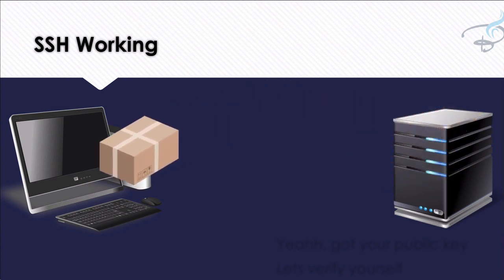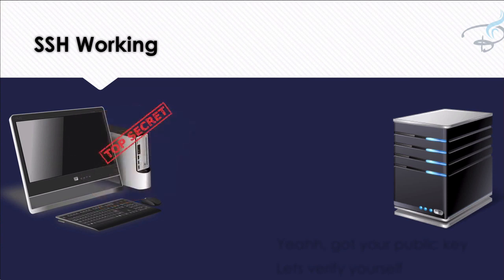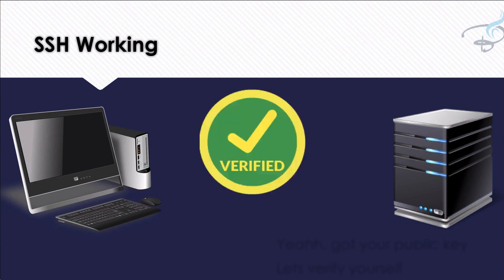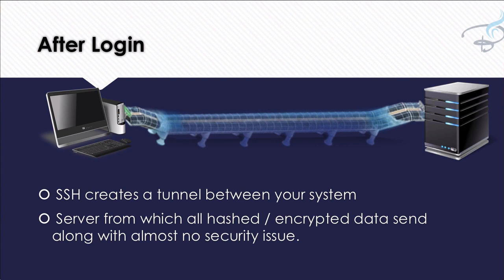Then because you have the private key, you unlock that data, you get that top secret and pass it again to the server to let it know that yes, this is the same thing you sent me in your public-key-encrypted form. And then the server says, great, you are verified. After that, the SSH system creates a tunnel between the local computer and the server, and we can easily pass our encrypted data along this tunnel.